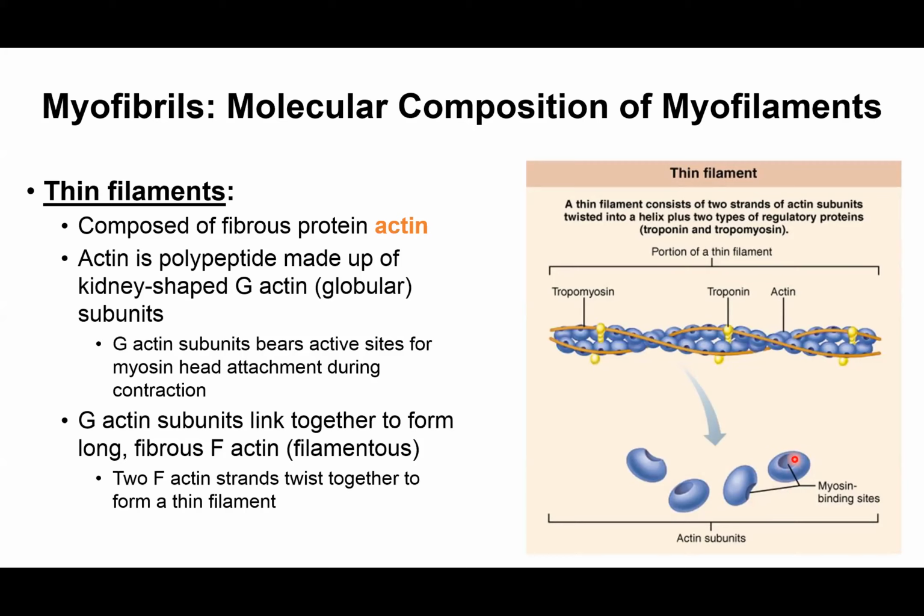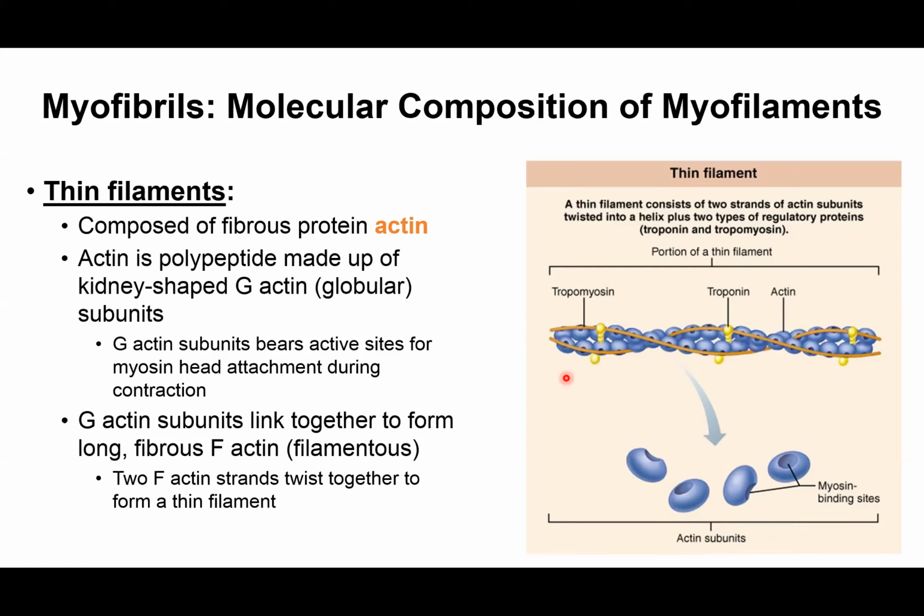G-actin subunits are linked together to form what's called long or fibrous actin, and then two of these F-actin strands are going to twist together and therefore form the thin filament.